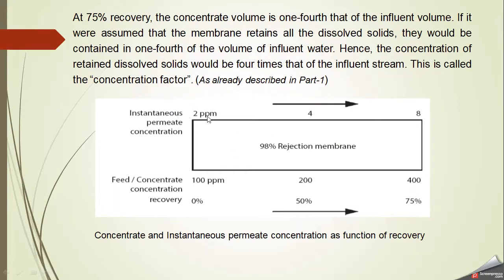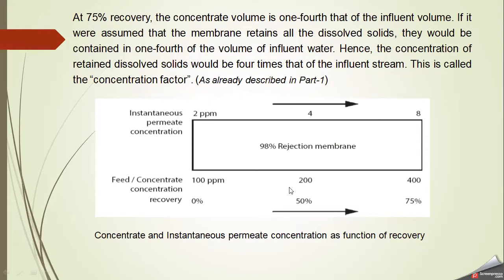This diagram explains this phenomenon. It shows concentrate and instantaneous permeate concentration as a function of recovery. We start from the left side of the diagram, where recovery is 0 and the feed concentration is 100 ppm.